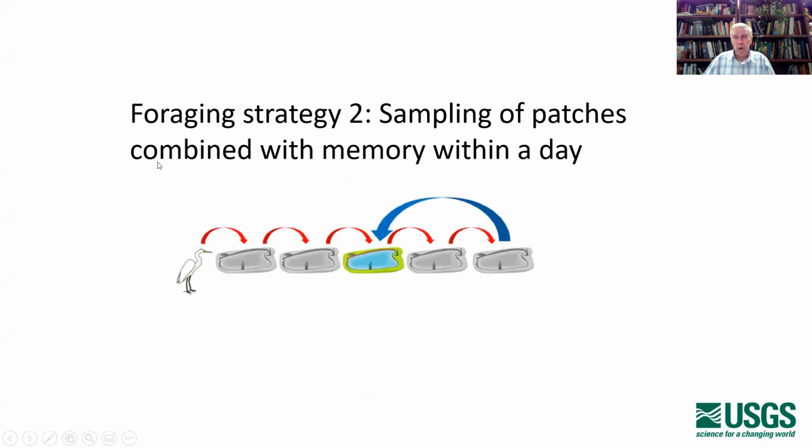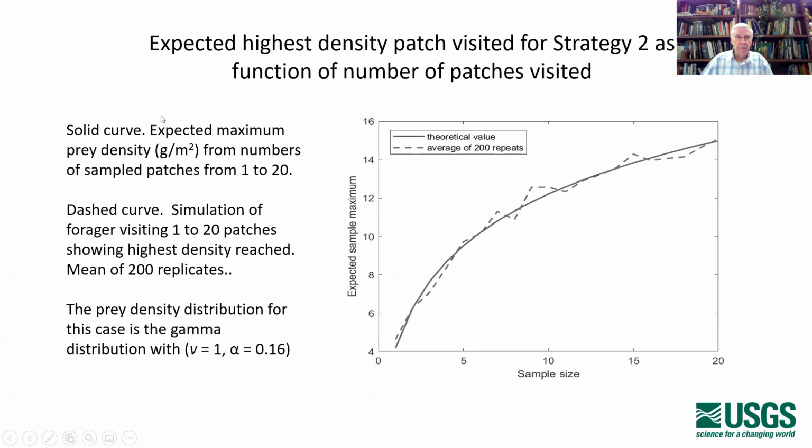Okay, so those are some very quick results for foraging strategy 2, that is sampling patches combined with memory within a day. First of all, we can find the expected highest density patch visited for strategy 2 as a function of the number of patches visited. The solid curve gives what is found from Royston's formula.